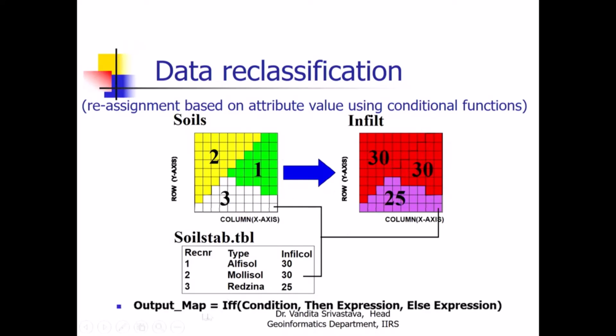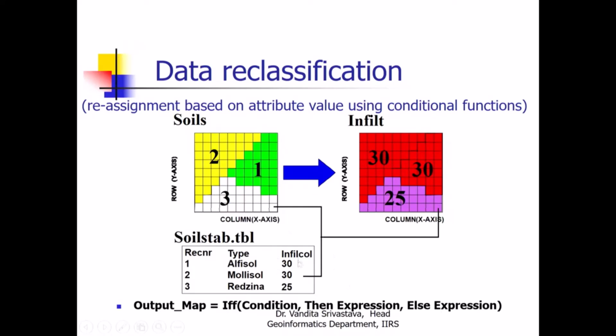You can also classify with the help of this kind of conditional if statements. This is how it is expressed. Output map is assigned equal to if and only if this condition is satisfied, then you execute the then expression, the expression in this bracket. Otherwise execute this expression.